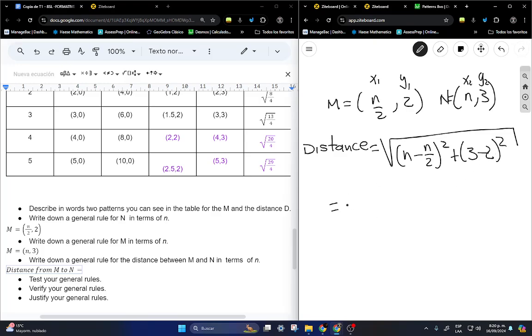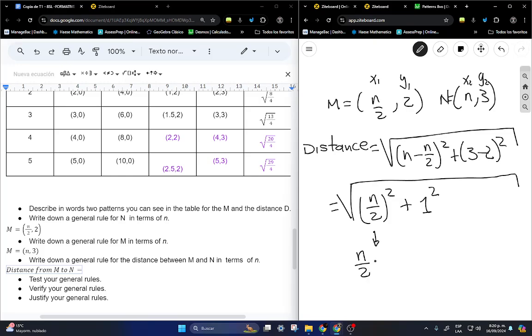Let's simplify this. What is n minus the half of n? So it's the half of n. That should be squared. Plus 3 minus 2 is 1, and that should be squared. Okay, and let's do this really quickly. What is n halves squared?